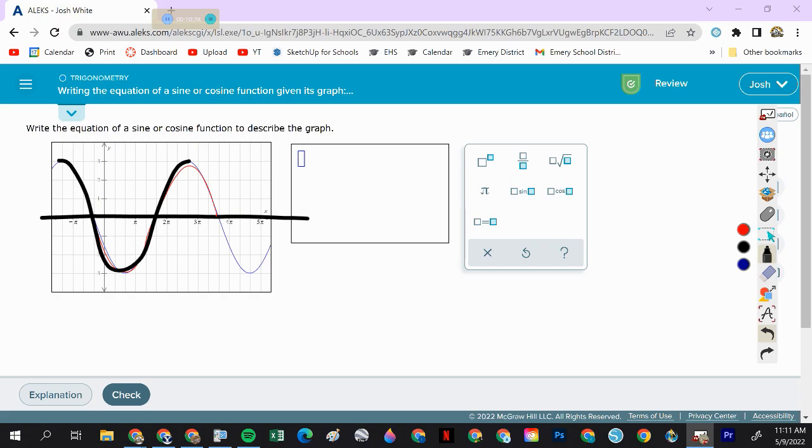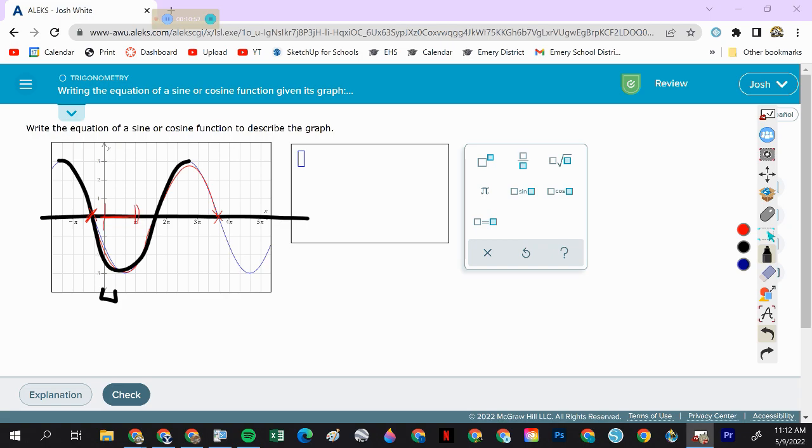So I'll actually do both so you guys can see how to do them. Now, we need to figure out how big a cycle is. So I'm going to start here, and I'm going to end here. Okay? Well, how big is each mark on this axis? Well, this is pi.